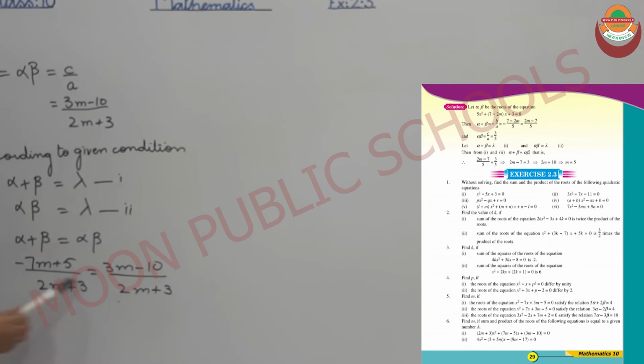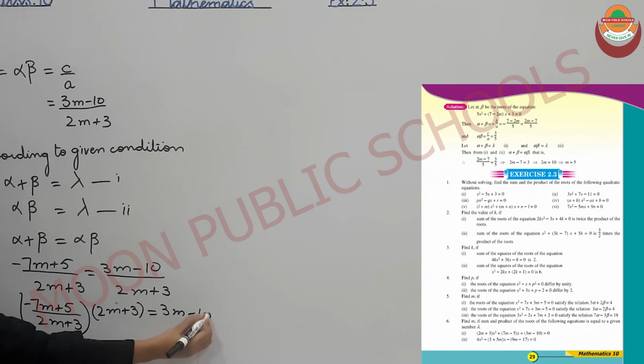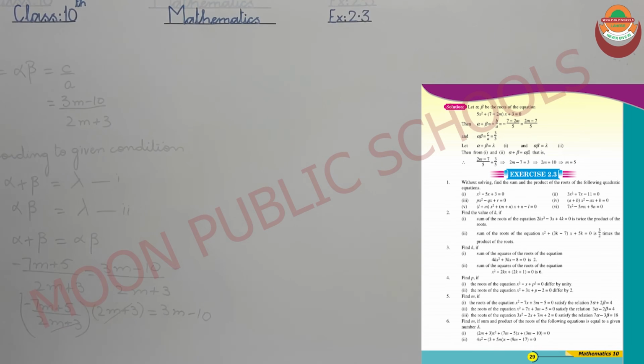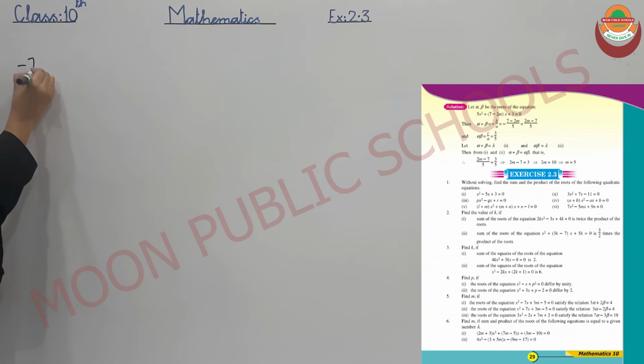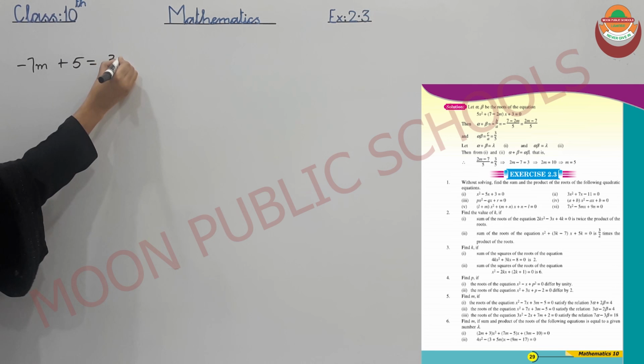Multiplying by 2m plus 3, here we cut 2m plus 3 with 2m plus 3, rewriting remaining values, minus 7m plus 5 equals 3m minus 10.